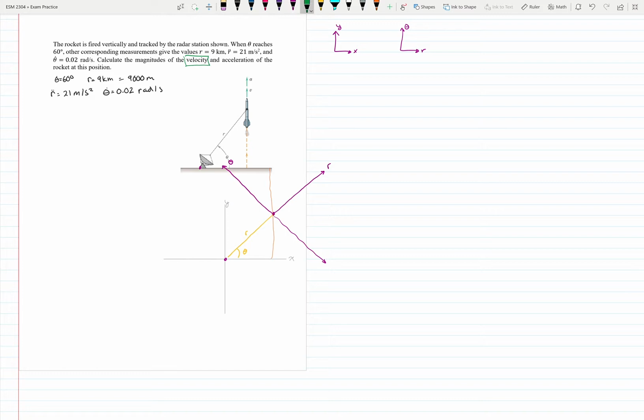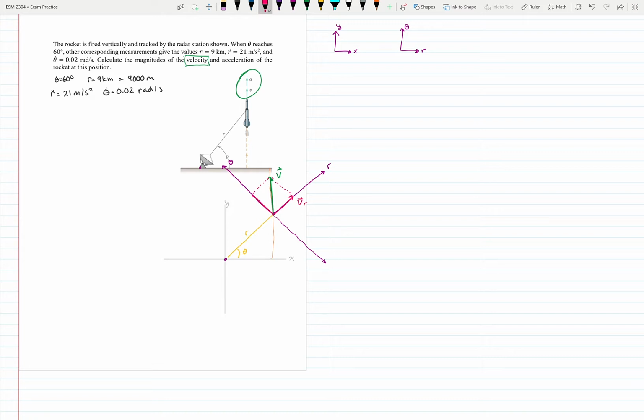And we know that the velocity of this rocket is moving upwards, and so is the acceleration. So we're going to be solving for velocity first, but here is the velocity of the rocket, which we don't know. But we do know that, once again, if we draw perpendicular lines, this is the component of this velocity in the r direction.